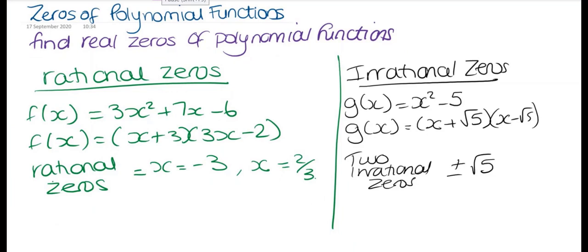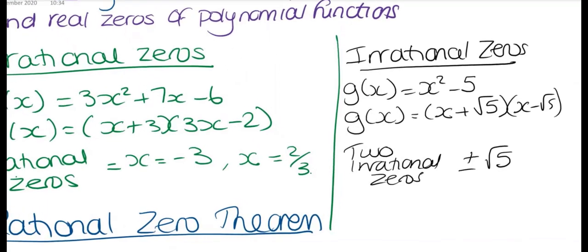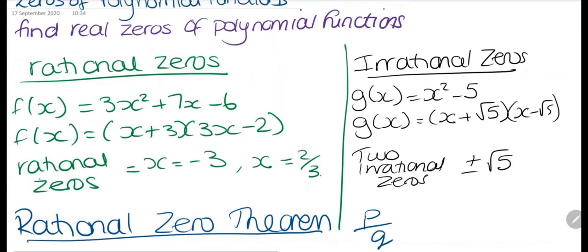So we're going to use the rational zero theorem. So we're going to list all the possible rational zeros, or all the possible zeros from our function using p divided by q, and q is going to be the leading coefficient.